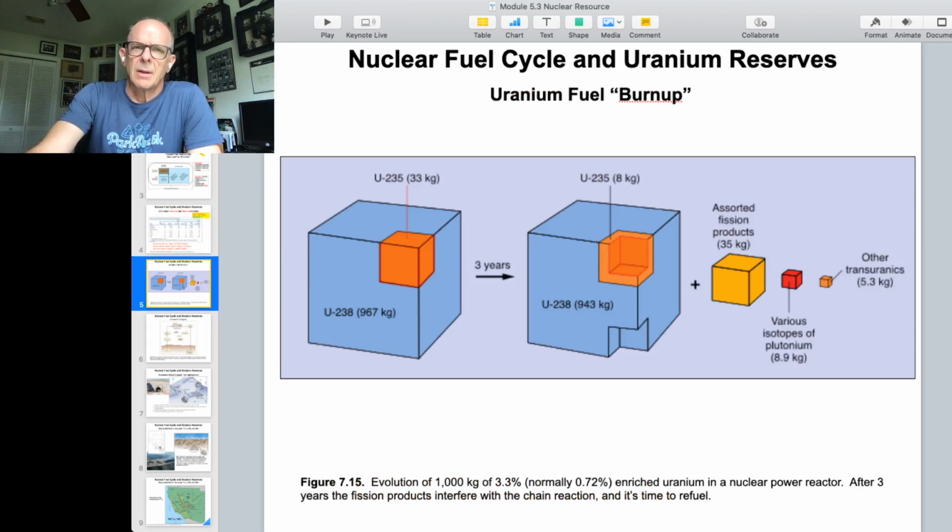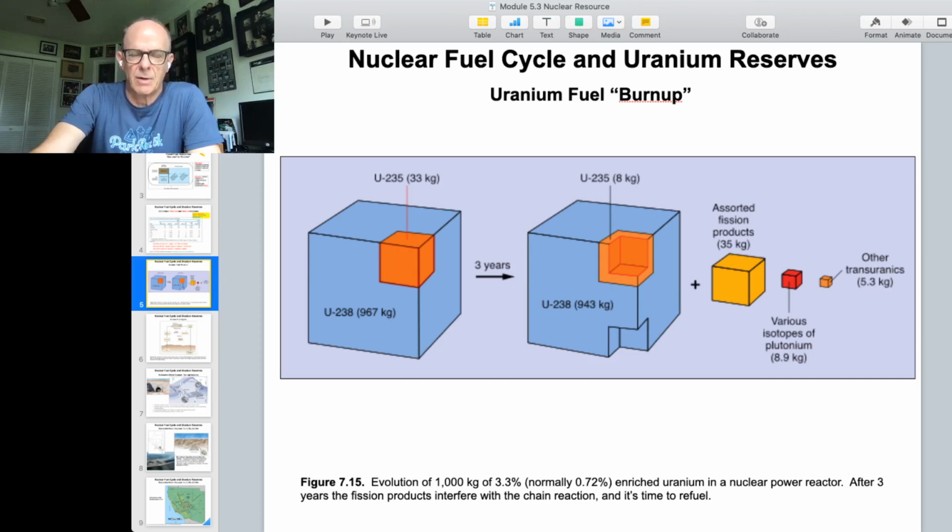In terms of using uranium as a fuel, natural uranium ore is an isotope called uranium-238. In 1,000 kilograms of uranium-238, typically about 7.2 kilograms of that, or 0.72% of it, would be in the form of uranium-235.